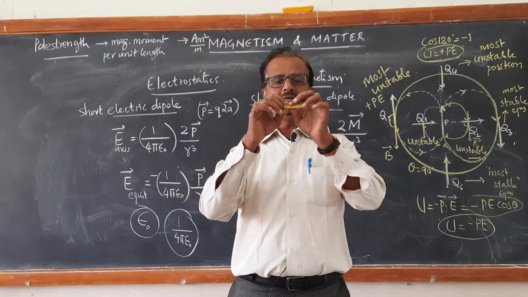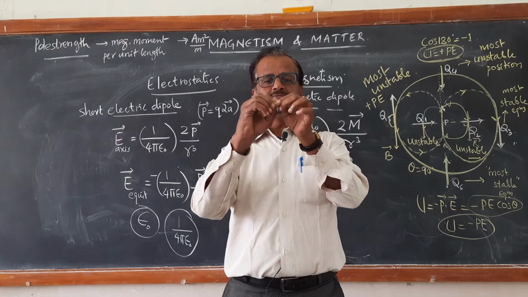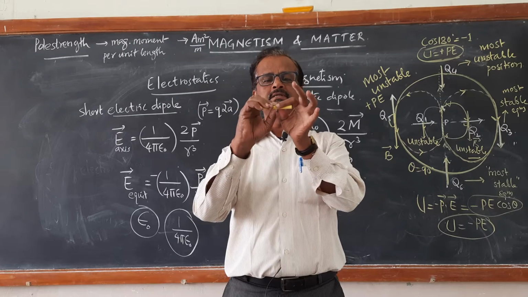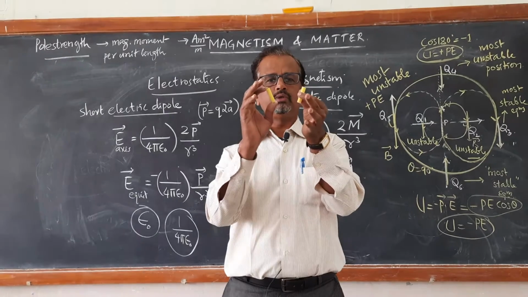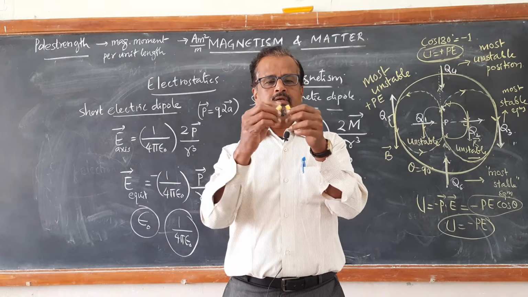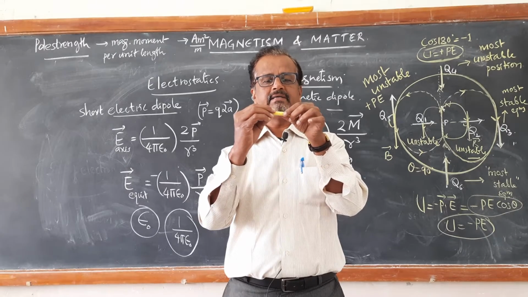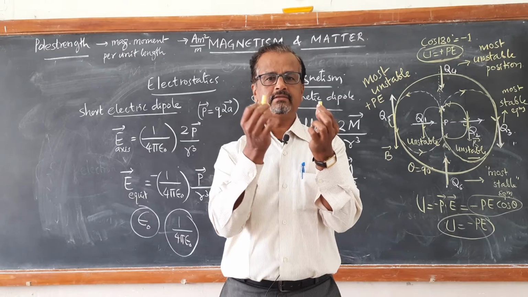If this bar magnet is cut into 2 pieces transverse to its length, that means cut at its midpoint, you will get two magnets whose length will now be half. If the initial length of the magnet is 2L, each magnet will now have length L.